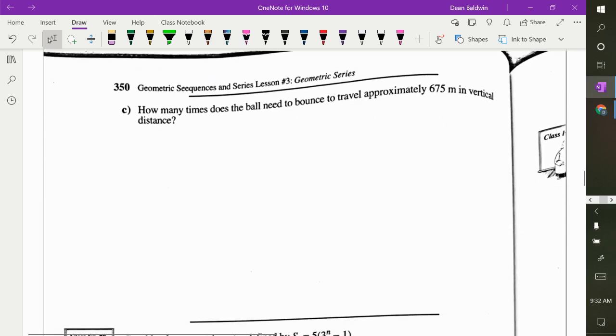All right, next question. How many times does the ball need to bounce to travel approximately 675 in vertical distance? So, as soon as they say vertical distance or total vertical distance, write down your formula. What's the formula?